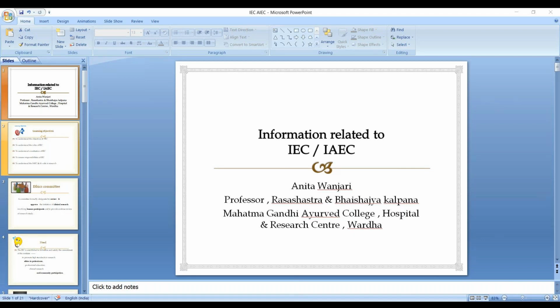Similarly, the Animal Ethics Committee has its own role. So, what are the objectives behind the Animal Ethics Committee and what are its roles in research? These are the learning objectives of this whole session.